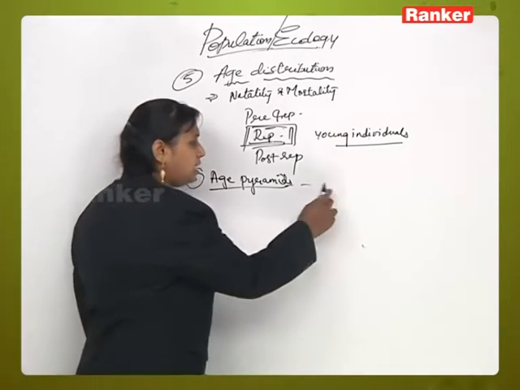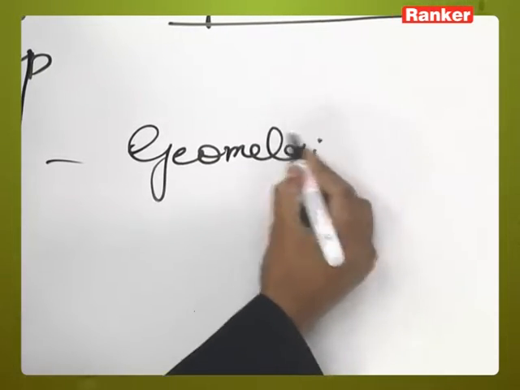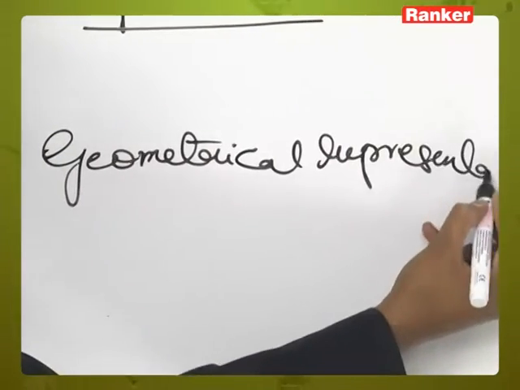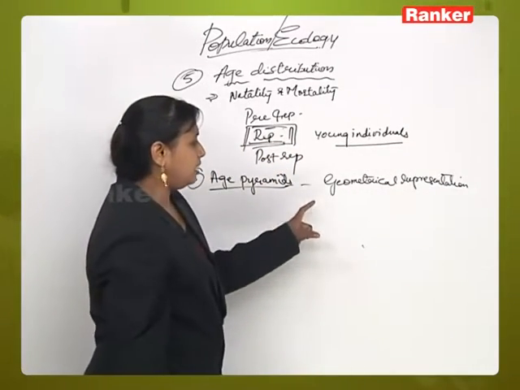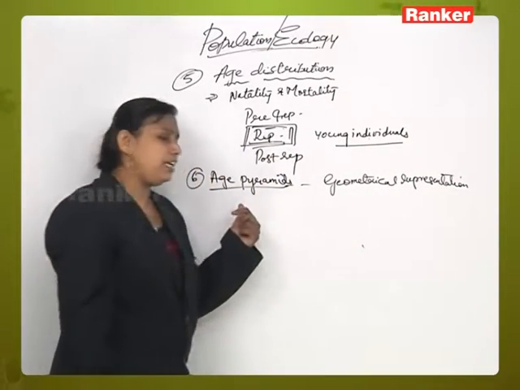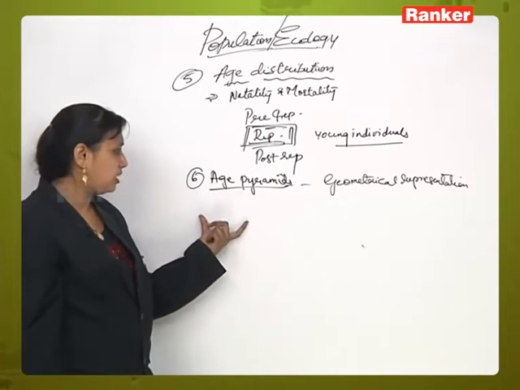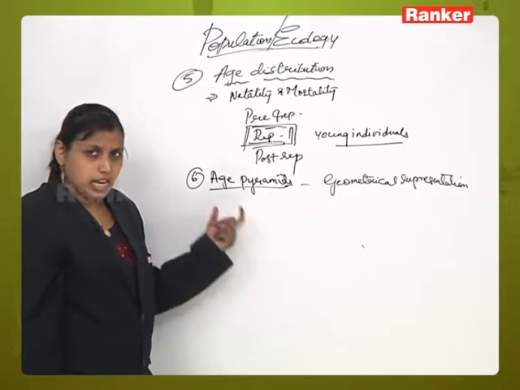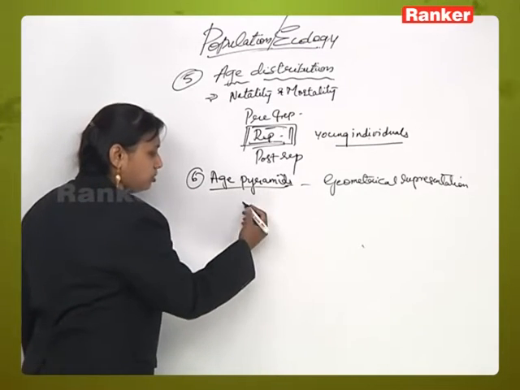It is nothing but the geometrical representation representing the proportions of the different age groups of individuals of a particular organism in a population, called the age pyramid. Now, here also we take into consideration the 3 phases.